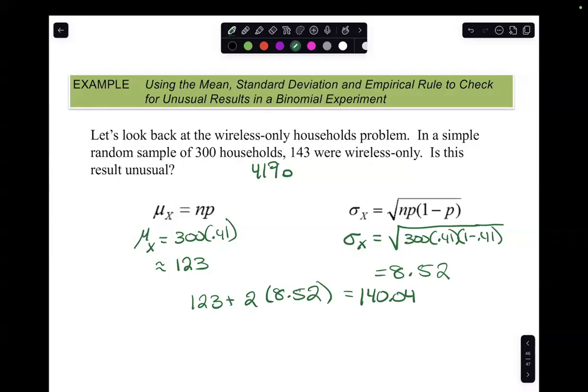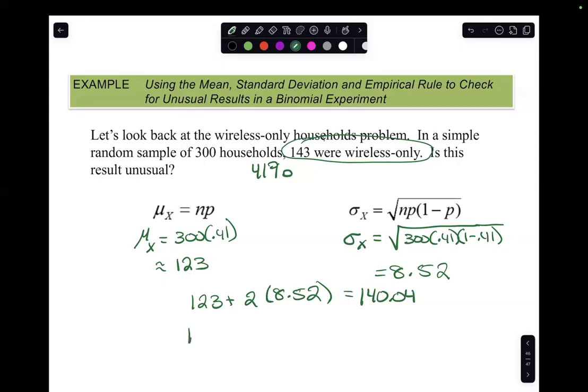Not unusual because we're looking at 143. We got a household with 143. Yes, it is unusual because 143 is greater. And once again, I got 0.003 with my binom.